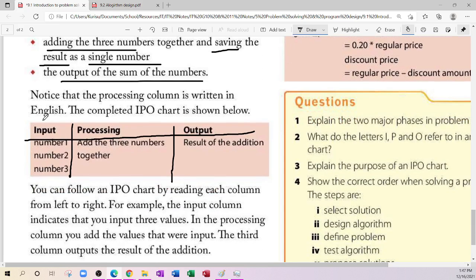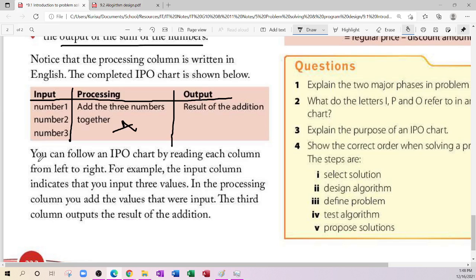So notice on the input, we have input number 1, input number 2, input number 3. Then when we're finished inputting, what's going to happen on the processing? We're going to add the three numbers together. And then output, we are going to output the result of that addition here. So you can follow an IPO chart by reading each column left to right.